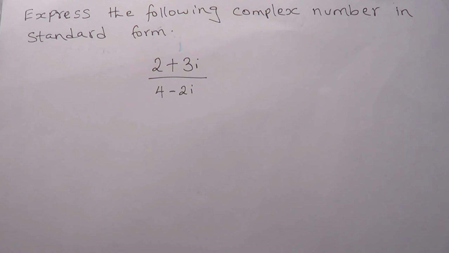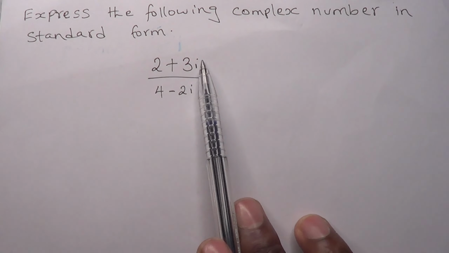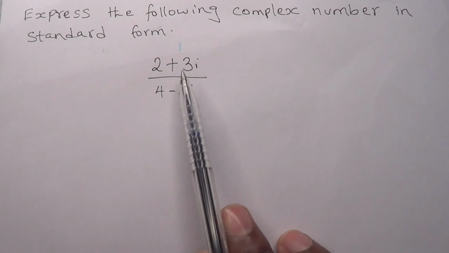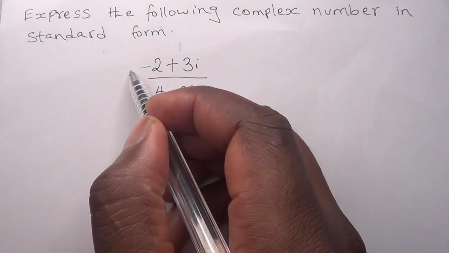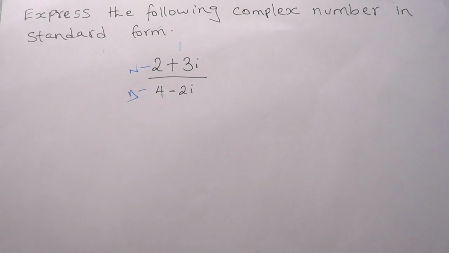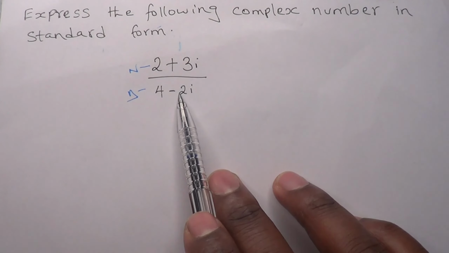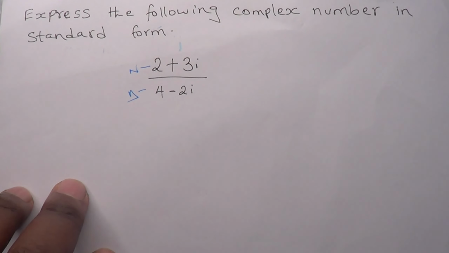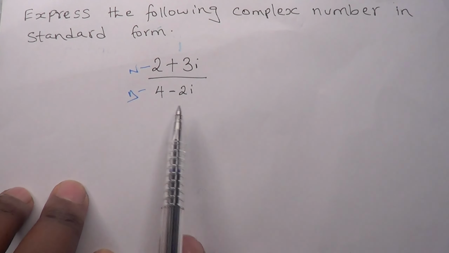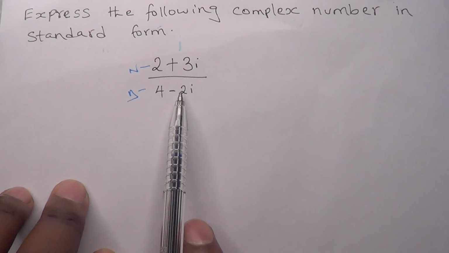standard form. Now, the first thing you need to know is that we need to multiply the numerator and the denominator by the complex conjugate of the denominator, so that we can eliminate the imaginary part of the denominator.